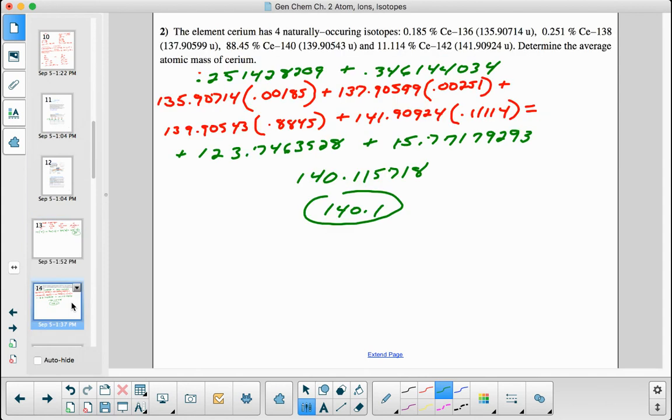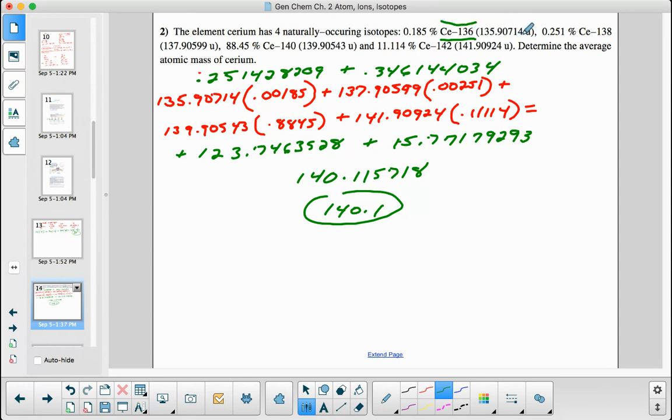So then let's look at it in relationship to isotopes. So this example here gives me this information. The element cerium has 4 naturally occurring isotopes, and a very small percent for one of them. And the isotopic symbol for cerium-136, and you use that notation, that rounded value, just to give the isotope a special name, cerium-136.